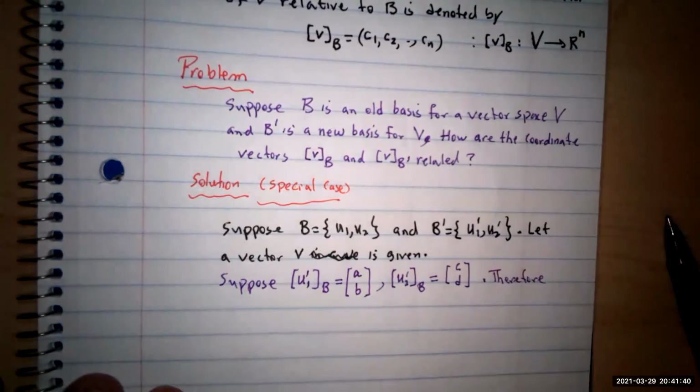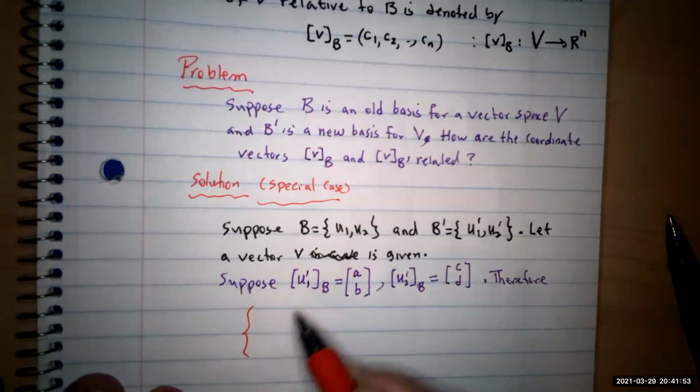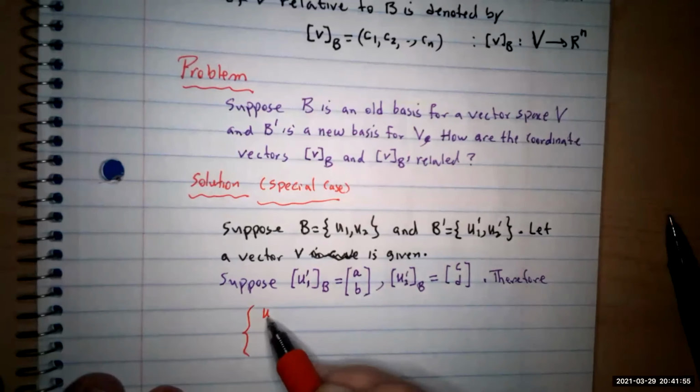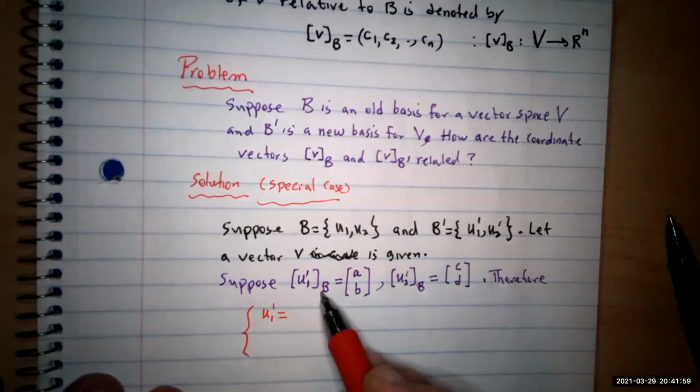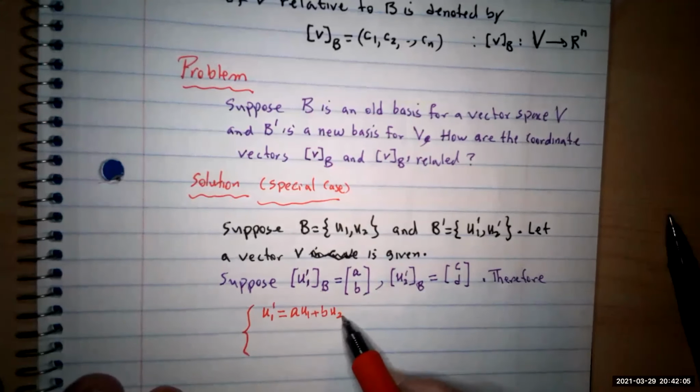Therefore, what does it mean? This means U1 prime is a linear combination with coefficients a and b. U1 prime is a scalar multiplication, a U1 plus b U2.